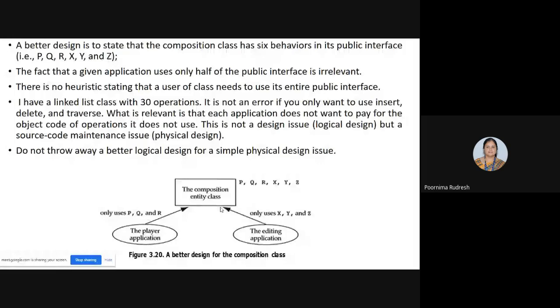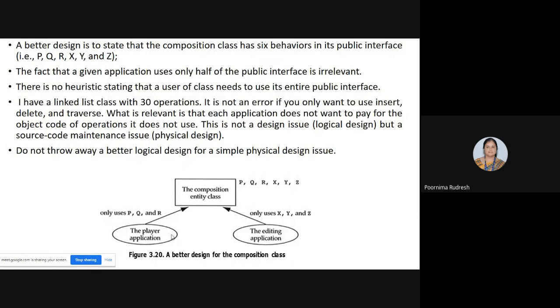A better design will state that the composition class will have six behaviors, PQR XYZ, in its public interface, and that a given application uses only half of the public interface is irrelevant. If one application uses half of that and the other one uses the other half, it becomes irrelevant, and there is no heuristic that says the users of a class need to use its entire public interface.